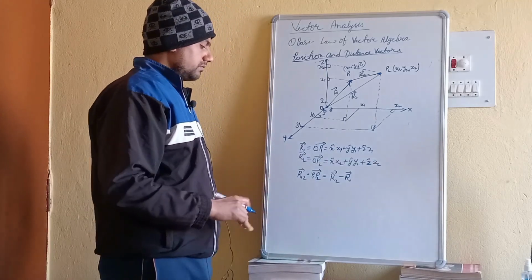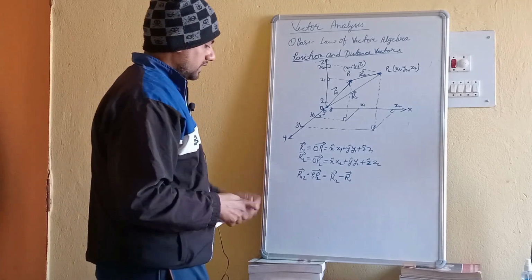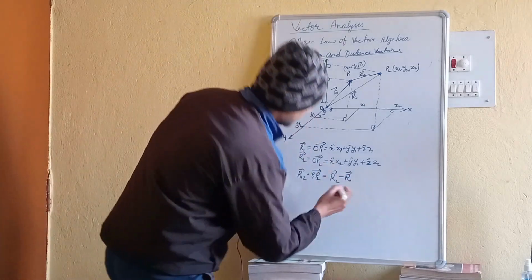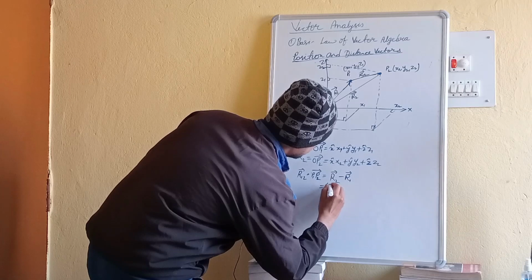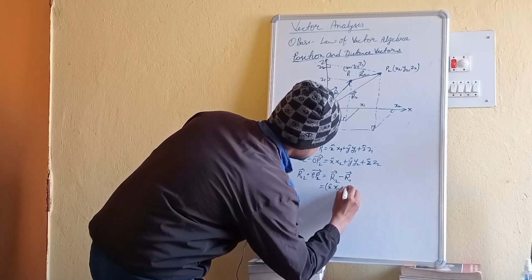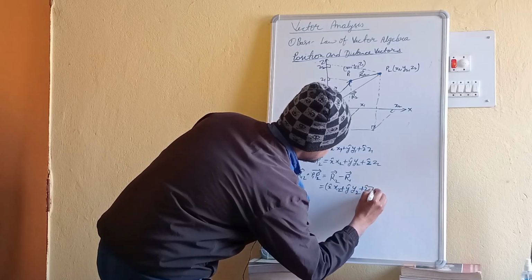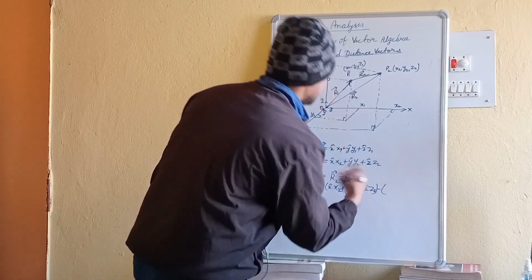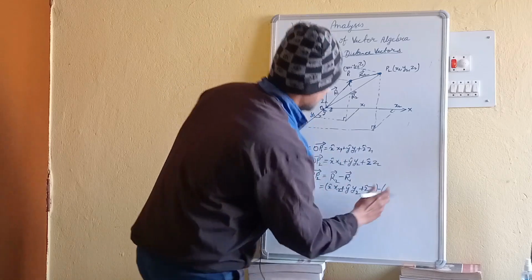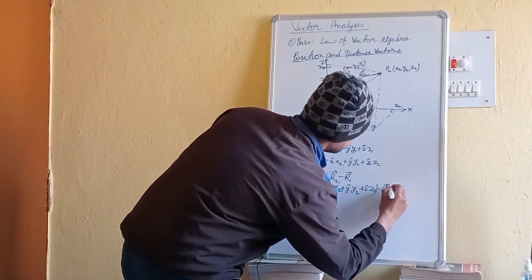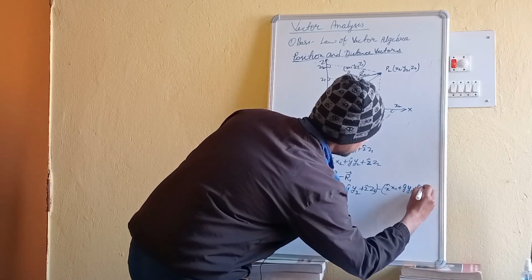And here again, by using the components along these three different axes, you can get it. So how can we write it using the components? R2 is x cap x2 plus y cap y2 plus z cap z2, minus R1 vector, the position vector of point P1, which we can write as x cap x1 plus y cap y1 plus z cap z1.